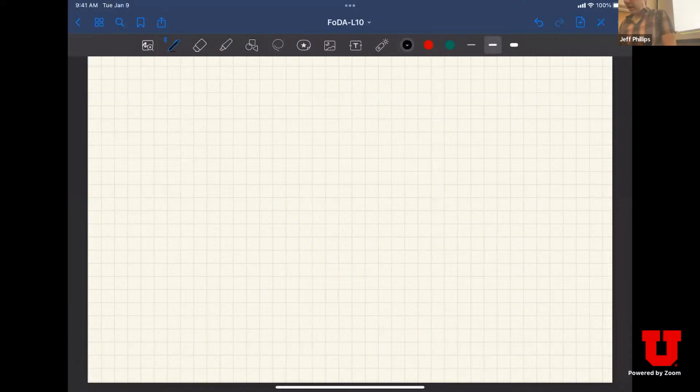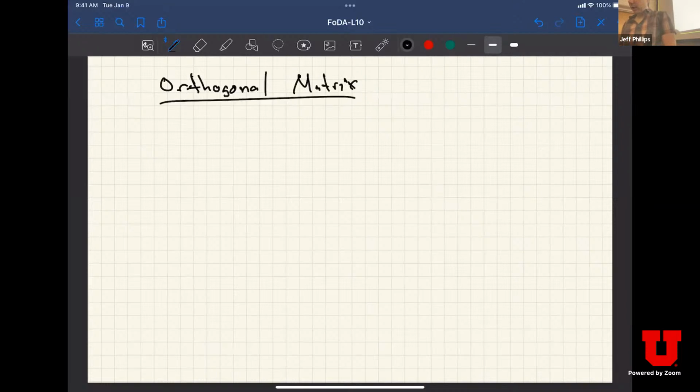So I'd say an orthogonal matrix is going to be a matrix which is square.